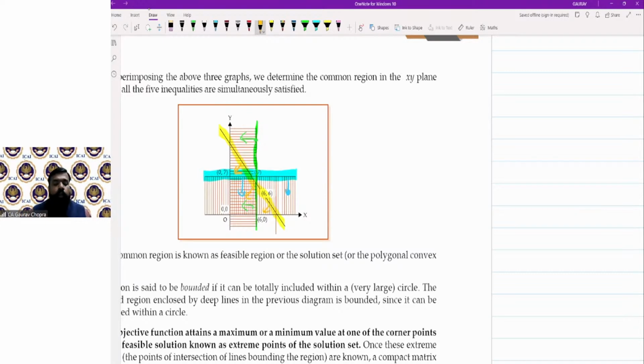Now we have to find only the common region between them. तो ऐसा एरिया जो सब में कॉमन हो, ब्लू के भी अंदर, ग्रीन के भी अंदर और येलो के भी अंदर. तो ऐसा एरिया जो तीनों को सेटिस्फाई करे, ऐसा एरिया हमें ढूंढना है. So mark that area. So our area will be this one.